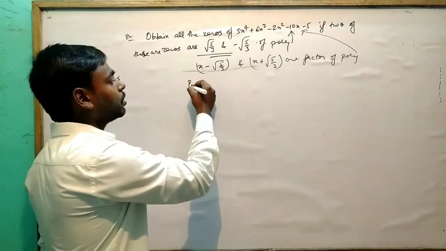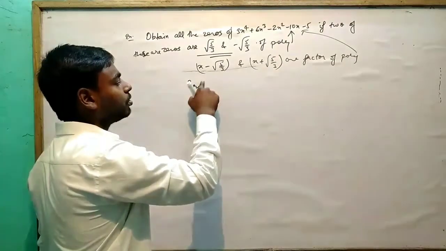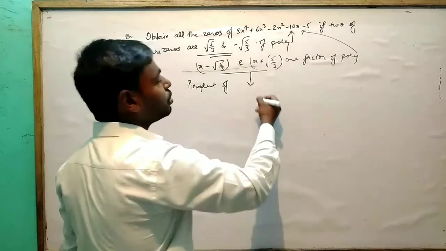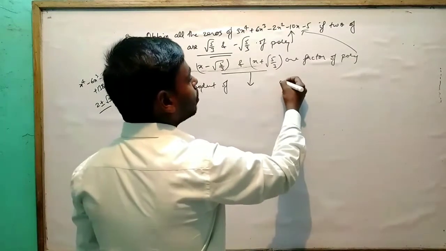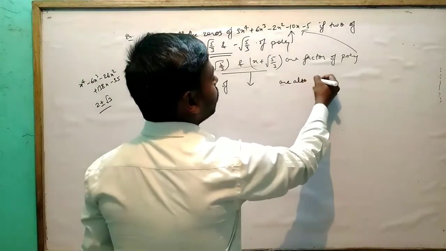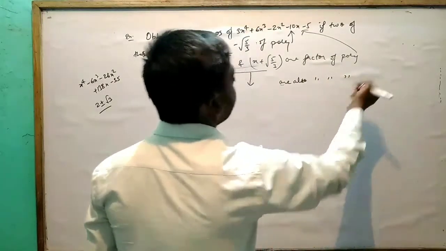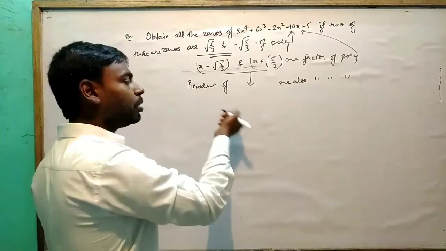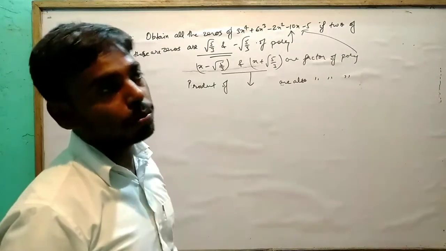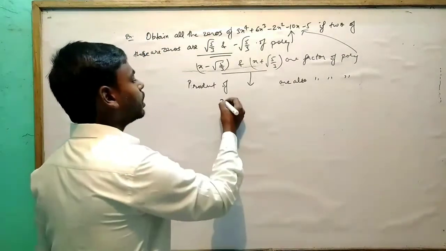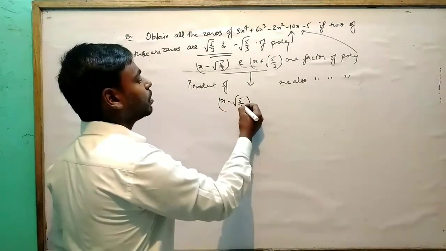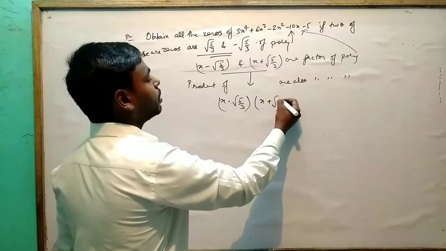The product of these two terms is also a factor of the polynomial. When we multiply these two terms, we get x minus root 5 by 3 and x plus root 5 by 3.